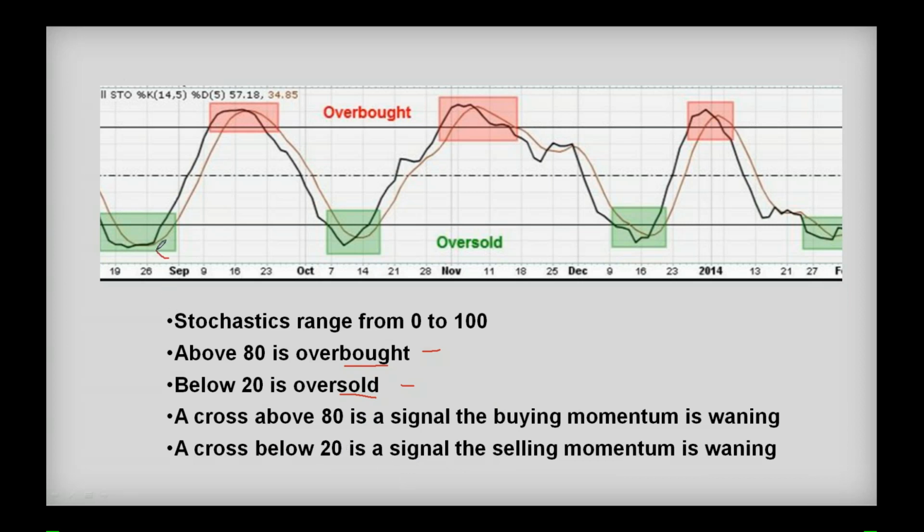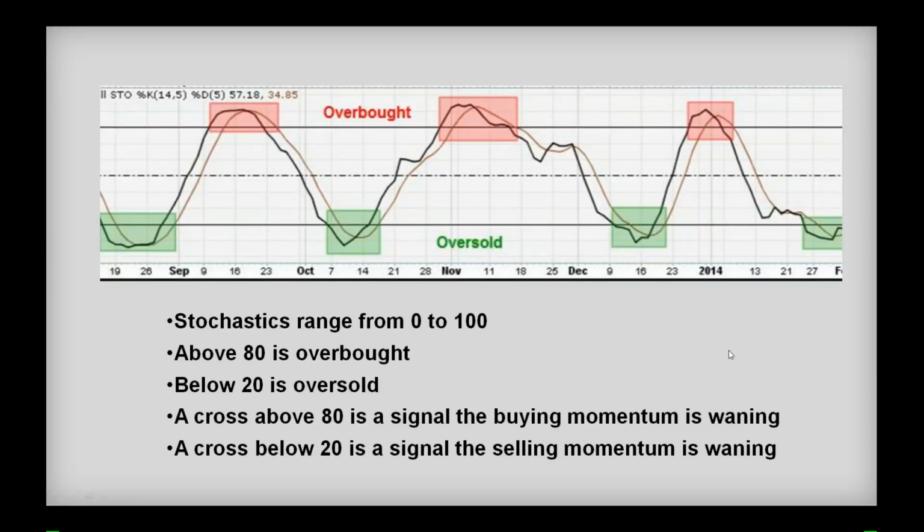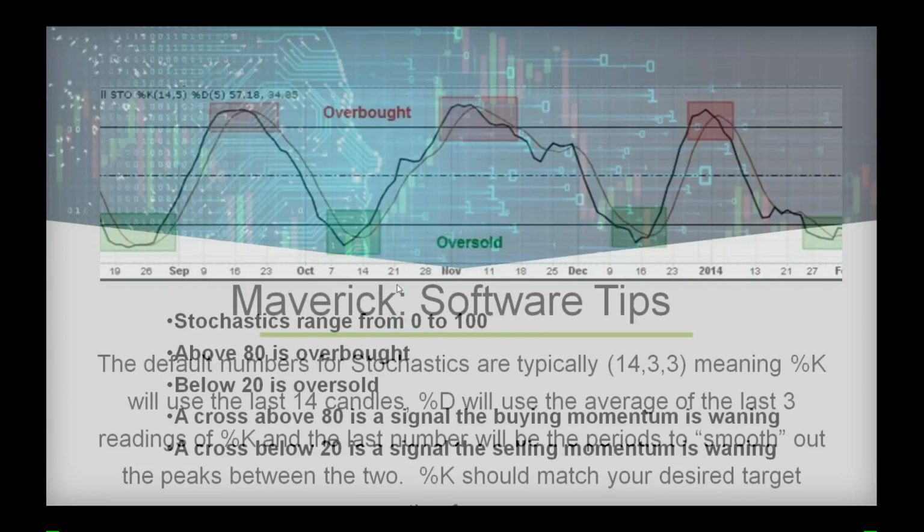And when we say a cross, we mean the two indicator lines cross each other and start heading the other direction. Notice how the thick line crossed above the thinner line. This thick line crossed down below the thinner line. That's the crossover. And if you get those up there at overbought or oversold conditions, then the momentum on the upside is no longer there, or the momentum on the downside is no longer there.